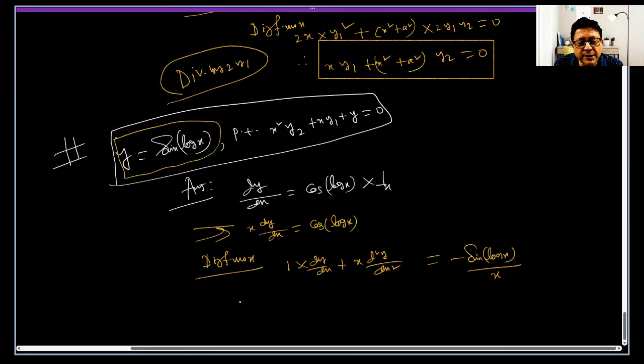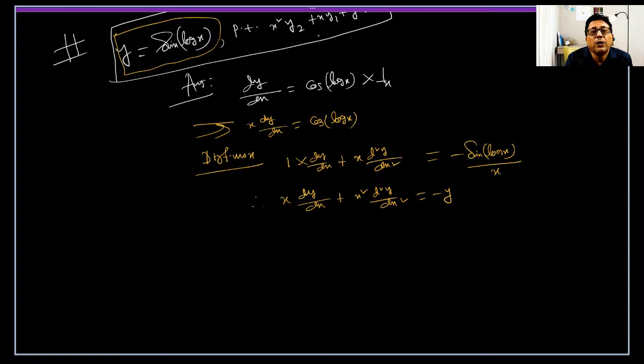So substitute there: x into dy by dx plus x square d square y by dx square equal to minus sine log x, which is nothing but minus y. Clear? You understand? So just take it on the left hand side and you got the answer.